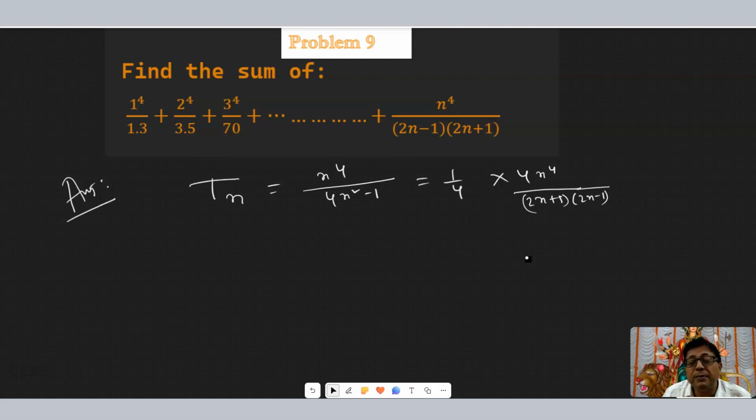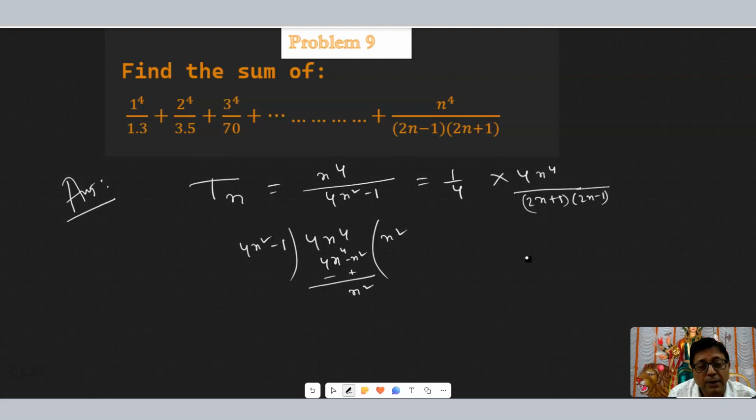But it will be better if you go for division directly. 4 into the power 4, if you divide by 4n square minus 1, it will be plus n square. Then you write 1 by 4 here.